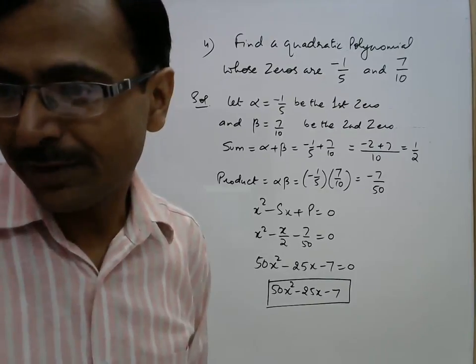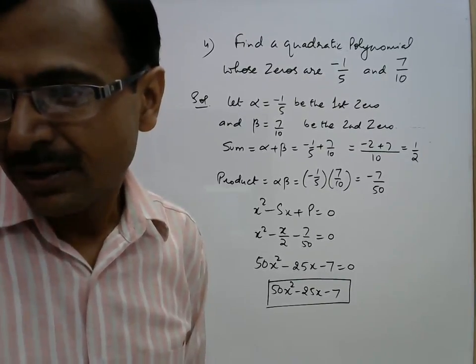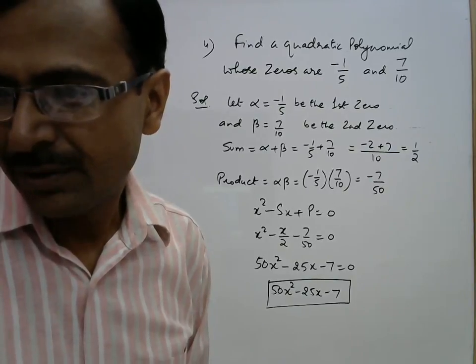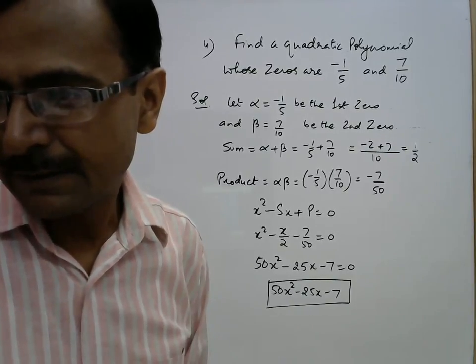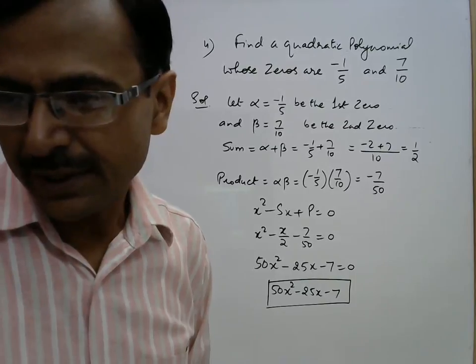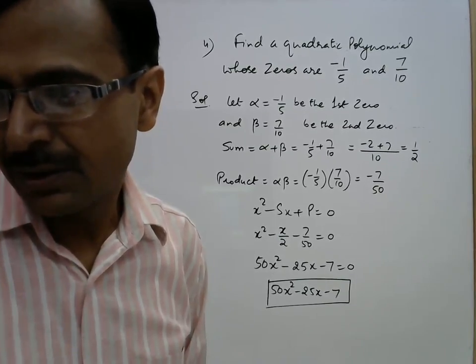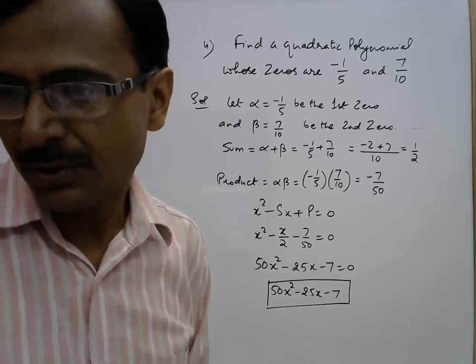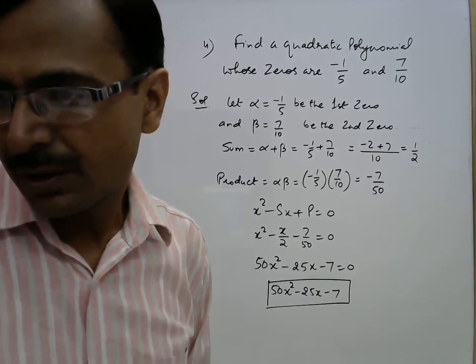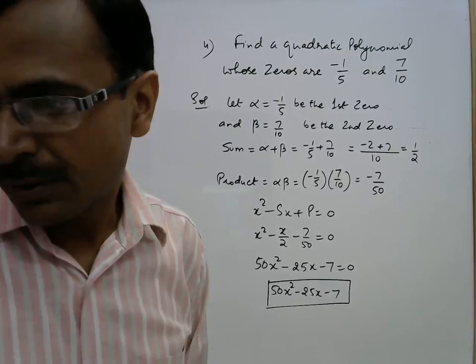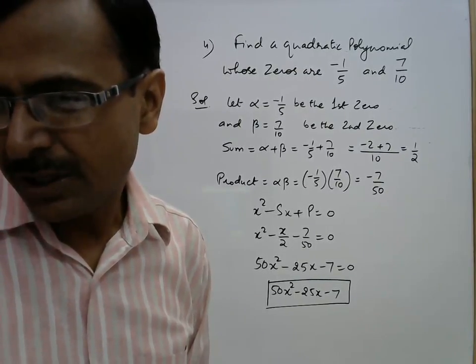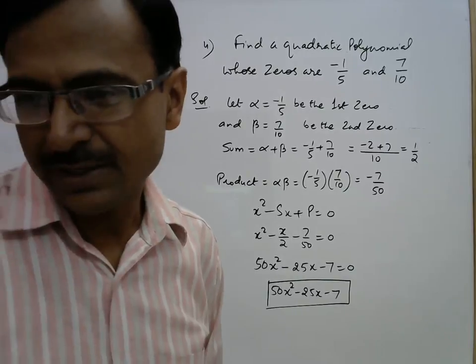Yeah, most of you have given the right answer. Surendra, kindly check that 45. Hardik, well done. Sachin, you got that right. Who else? Pradeep, 50x square minus 25x minus 7.